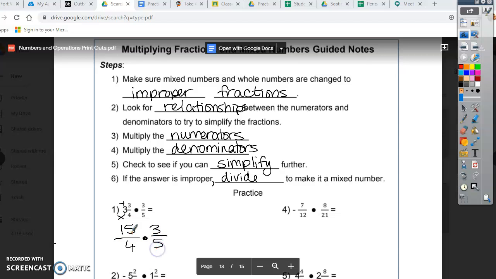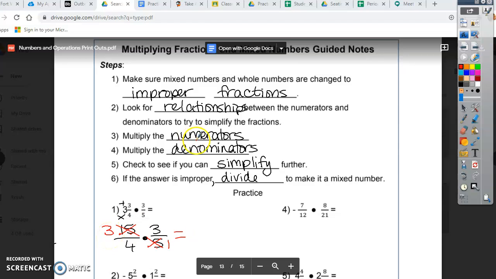The relationship between these two is 5, because this number divides by 5 and this number divides by 5. Hopefully most of you can see that. If you're good with your tables, you're going to see that. 5 divided by 5, 1. 15 divided by 5, 3. Okay? You cannot do side-by-side relationships. So this is it. There's no more relationships.